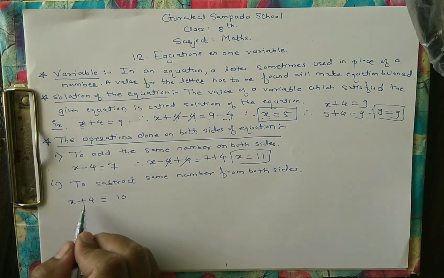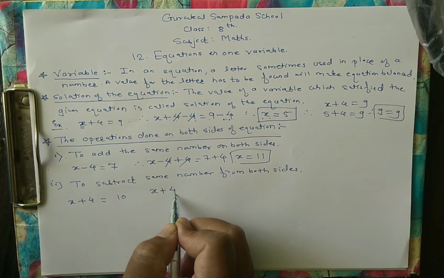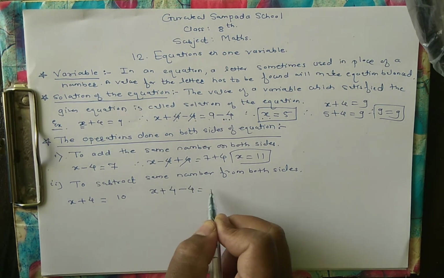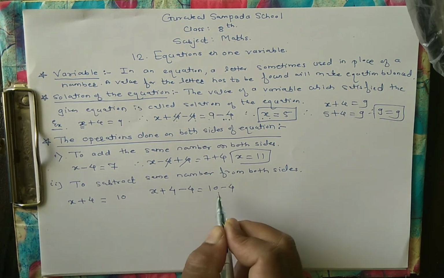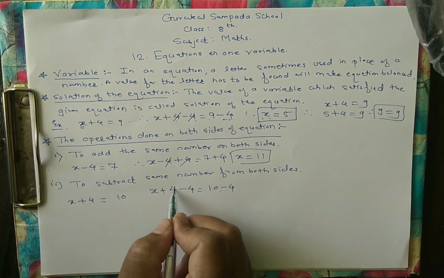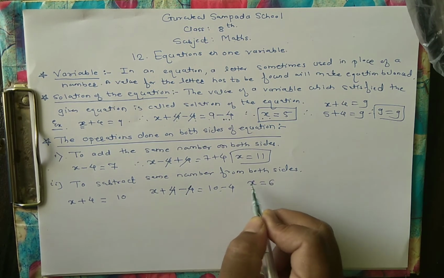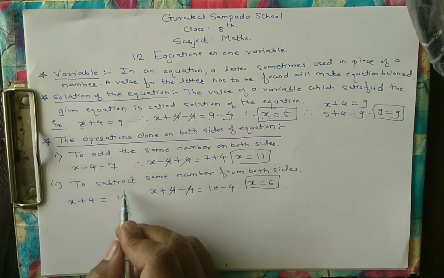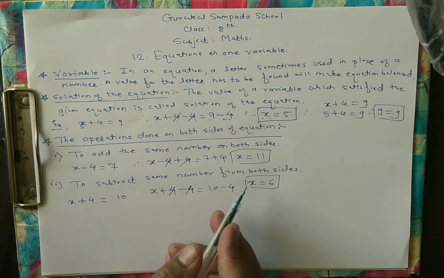Here plus 4 is there, so to cancel plus 4, we subtract 4, that is x plus 4 minus 4. On the right hand side we also subtract 4. So plus 4 minus 4 is 0, so x is equal to 10 minus 4, which is 6. So we subtract the same number from both sides.